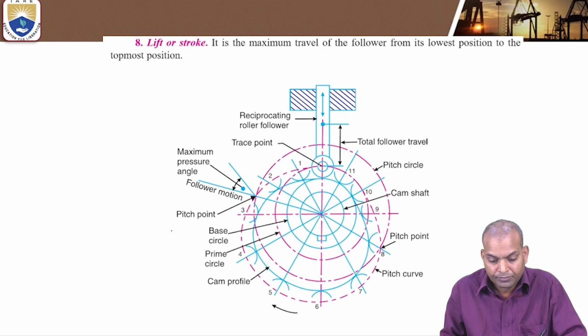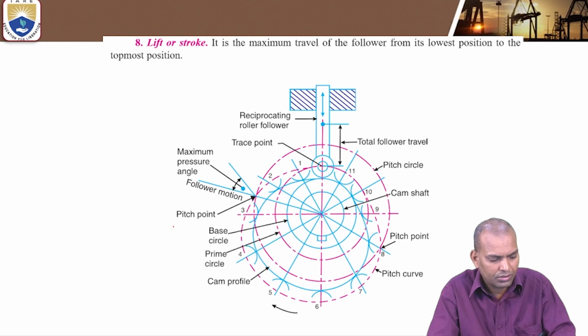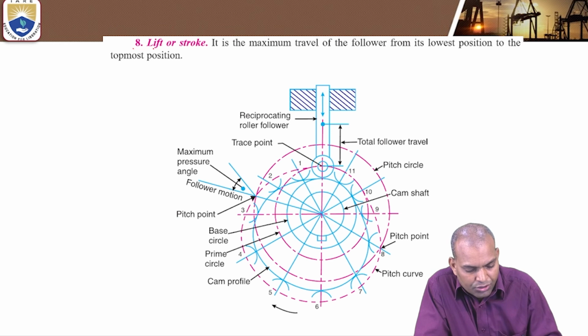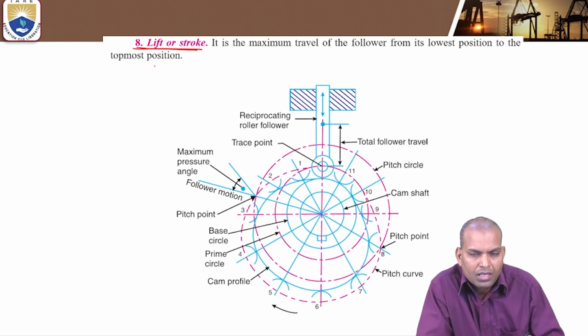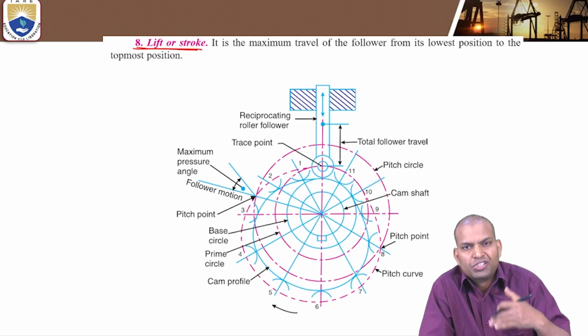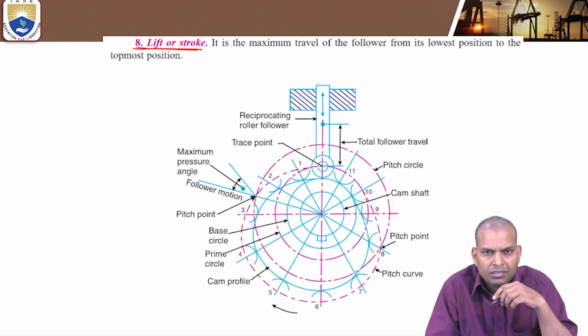Next, lift or stroke. Lift or stroke of the follower is the maximum reciprocating, vertical distance traveled by the follower during one revolution of a cam. For one revolution of the cam, what will happen here?